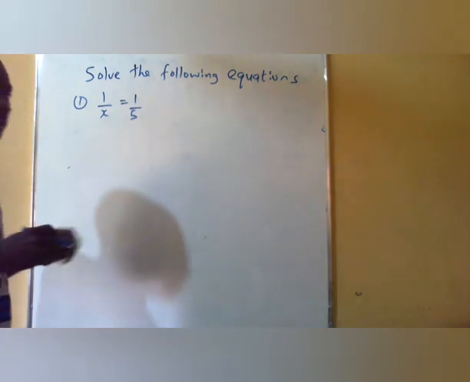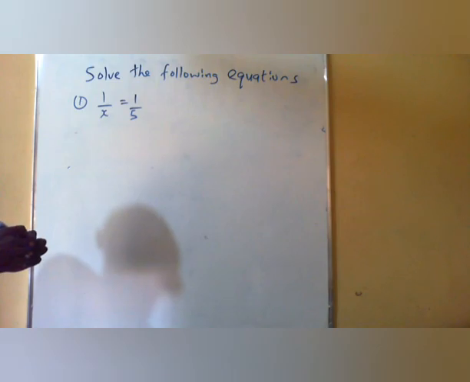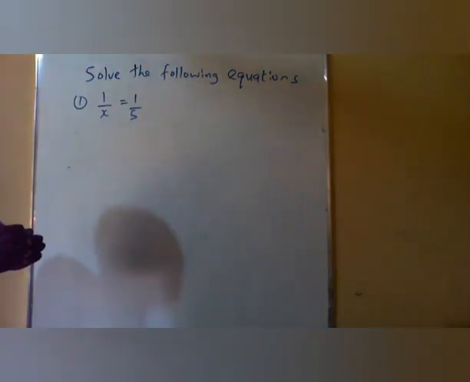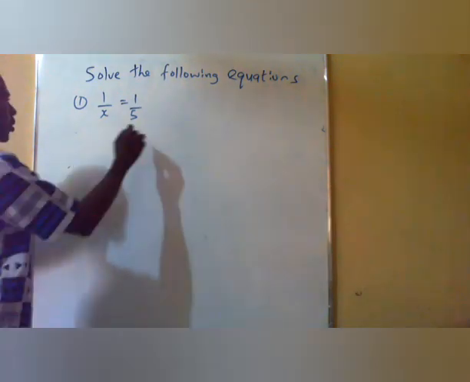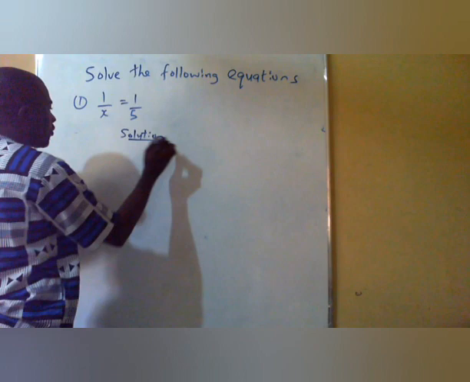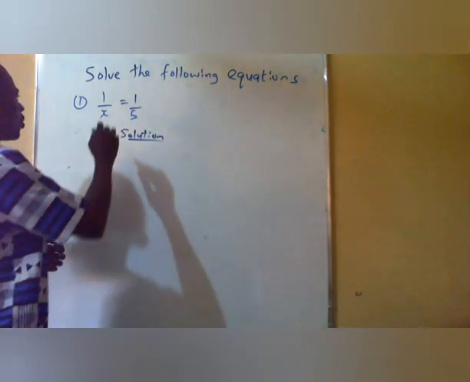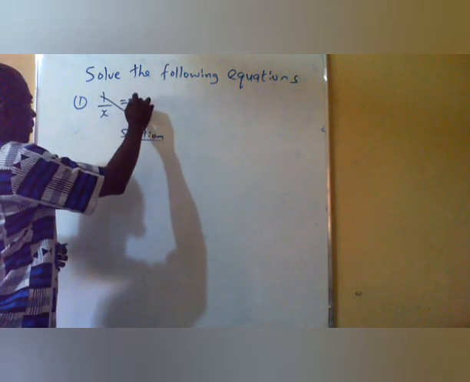Among the questions is 1 over x is equal to 1 over 5. So, solution of number 1. If you want to solve this one, it is very simple. We cross multiply.